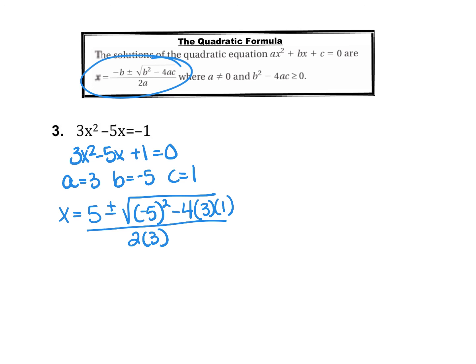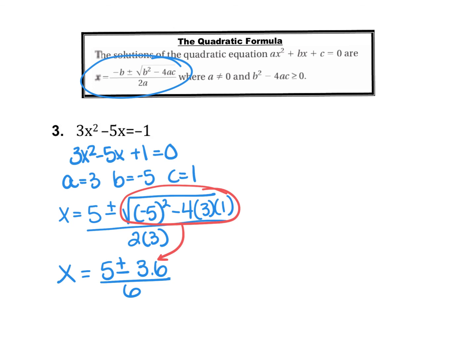All right, then we're going to simplify, and we're going to have 5 plus or minus, and then we're going to take the square root of this, and we're going to get 3.6 divided by 6. Again, this part right here is what I'm doing first. I'm going to just have that right there.